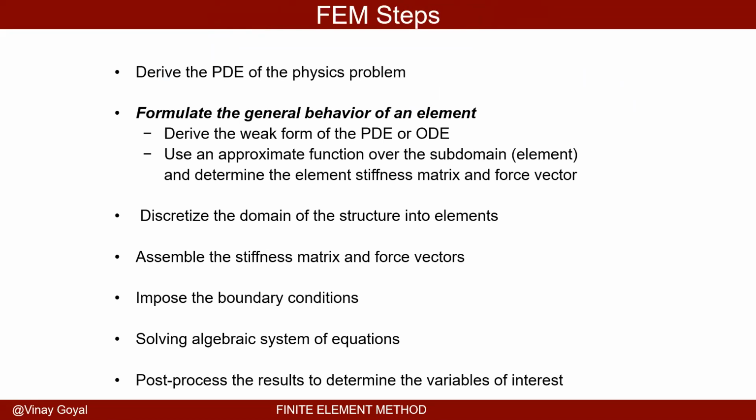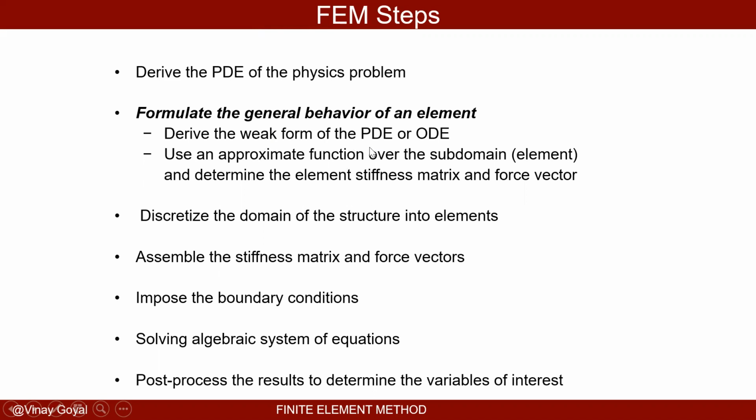So what are the finite element steps? First, derive the partial differential equations of the physics problem, formulate the general behavior of an element, and derive the weak form of the PDE or the ODE. So first you have to come up with the PDE, right? And the second step is to come up with the weak form of the PDE, and then use an approximate function over the subdomain of interest.